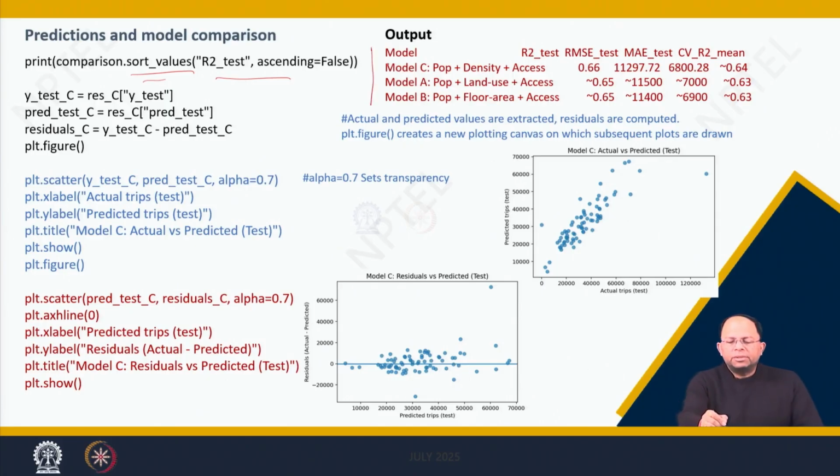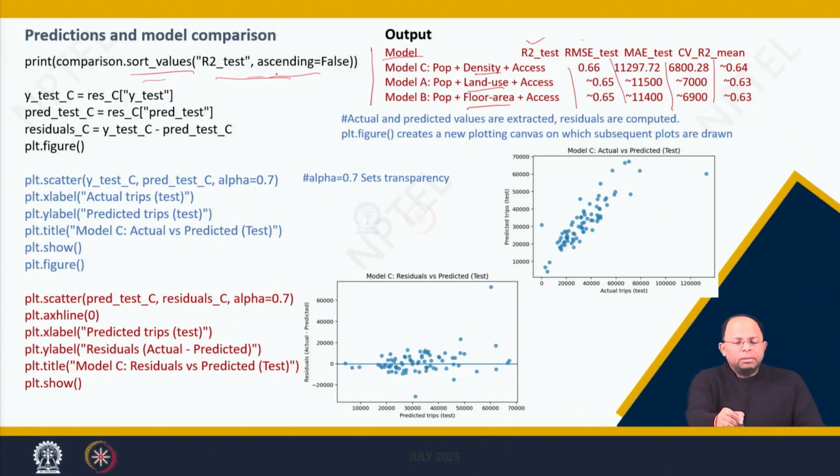We get 3 models: model C, which is based on density, is the best possible model because the R-square values are high, and accordingly it is arranged, then the land use model, and then the floor area model. So you can see the R-square values, RMSE values, MAE values, and then the CV R2 mean values, right?